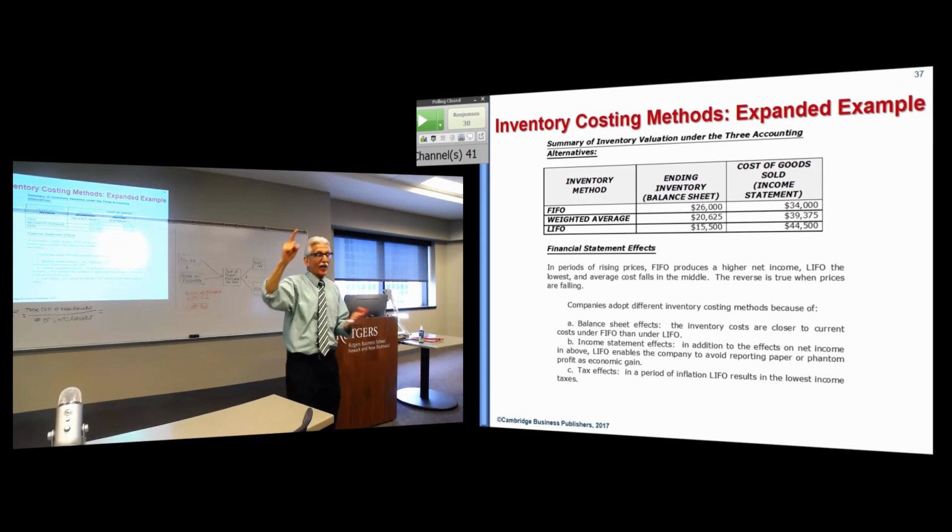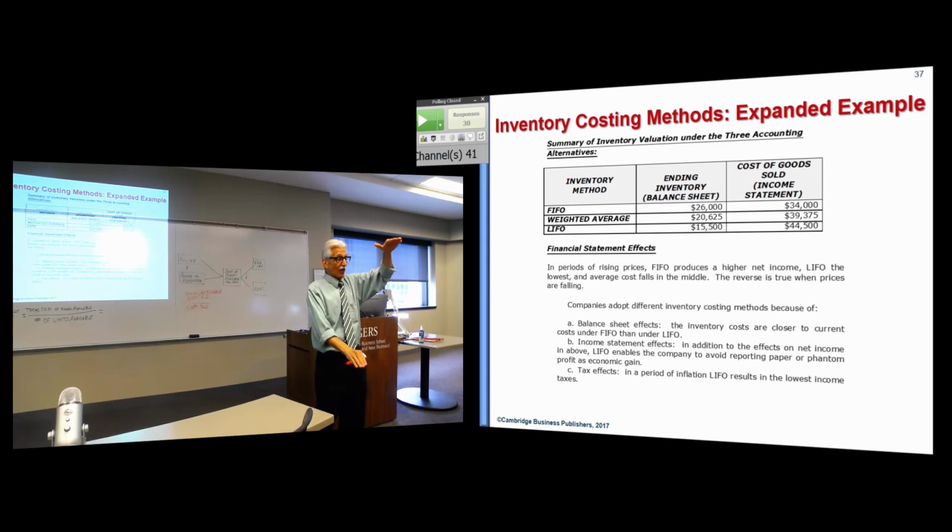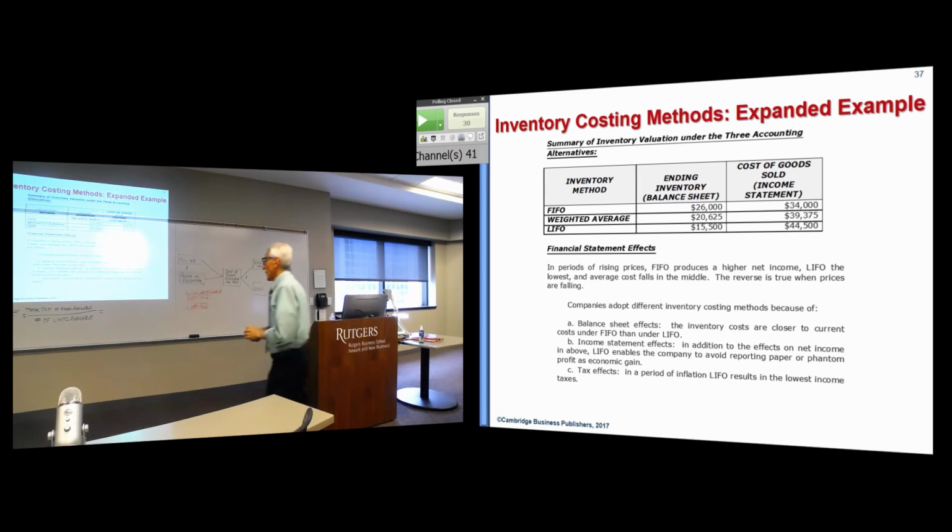If you look at the FIFO basis, they're charging old dollars against inflated selling prices, so FIFO gross profit is overstated. They call that phantom profits sometimes in ending inventory.